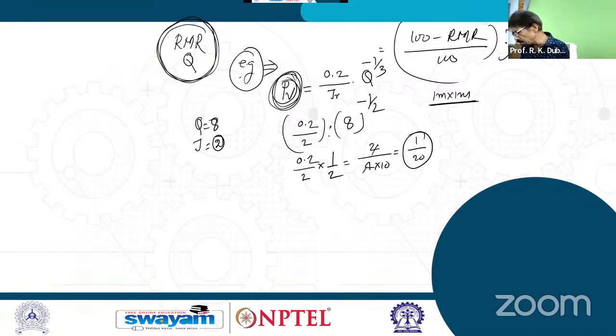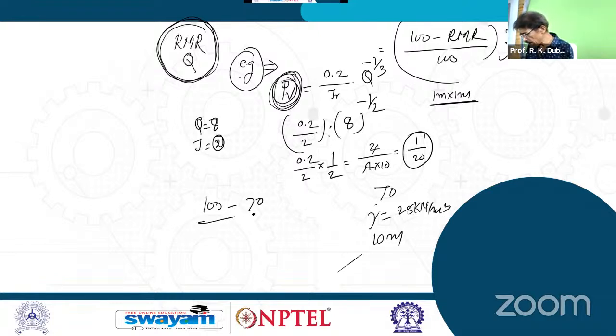For example, suppose the RMR is 70 for a rock mass, the unit weight is 25 kilonewton per m3, and the width is 10 meters. Then you can calculate 100 minus 70, divided by 100, into 25 kilonewton per m3, into this 10 meters. Here m squared is left after cancelling one m.